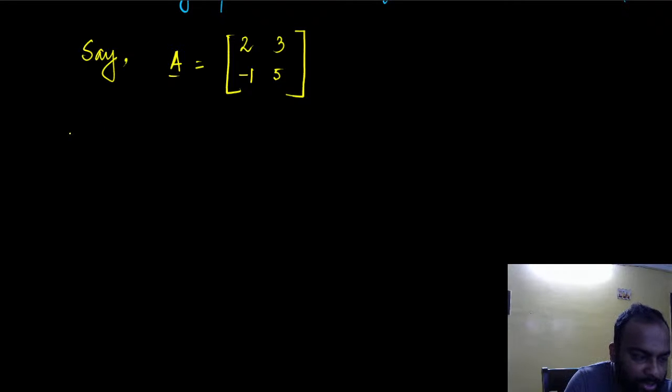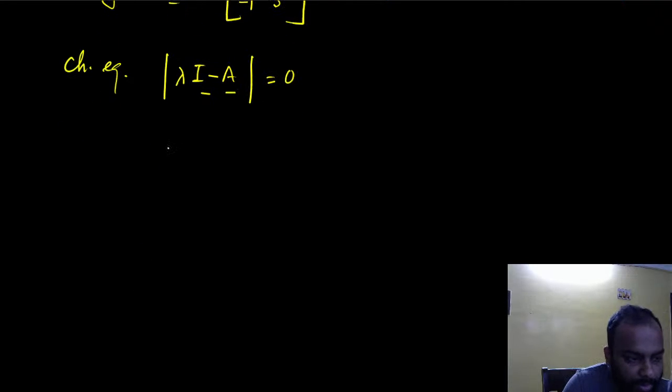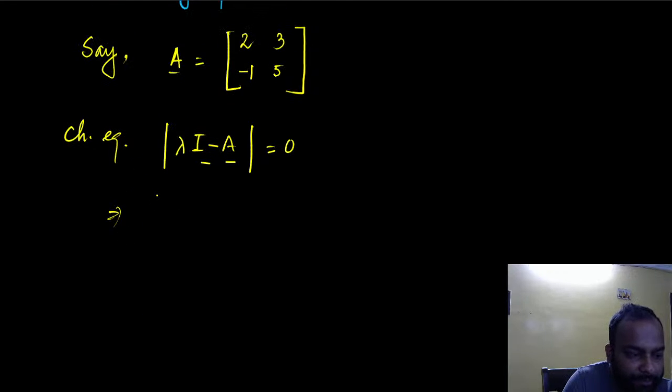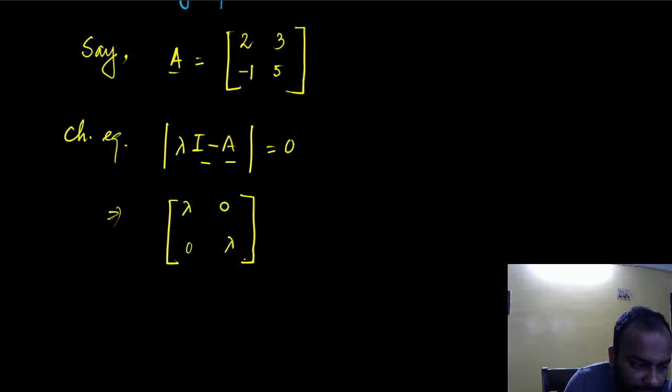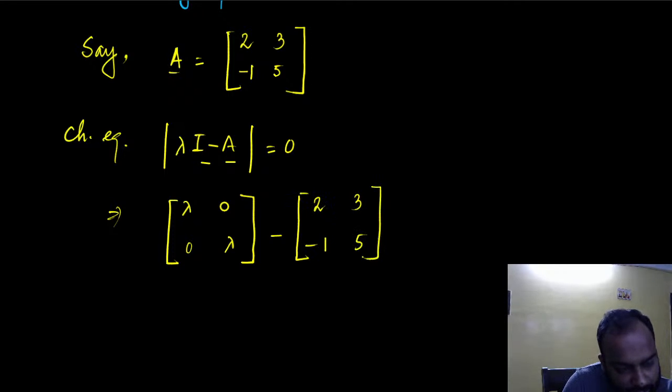So if the eigenvalues are lambda, the characteristic equation would be this determinant, lambda I minus A equal to 0, right? So if I solve for that, lambda I would be lambda 0, 0 lambda, and minus A would be 2, 3, minus 1, 5, and the determinant of that should be equal to 0. That's the characteristic equation.